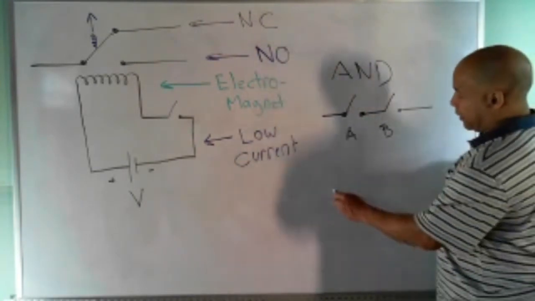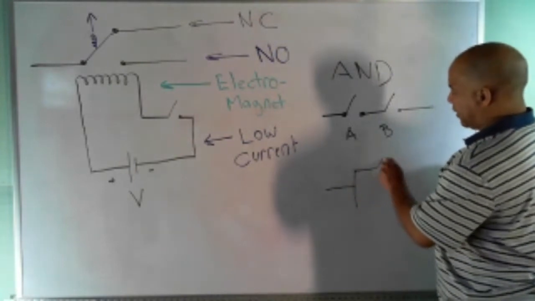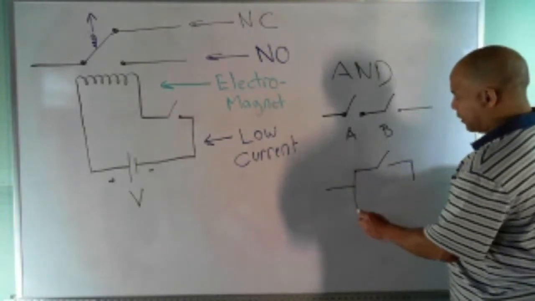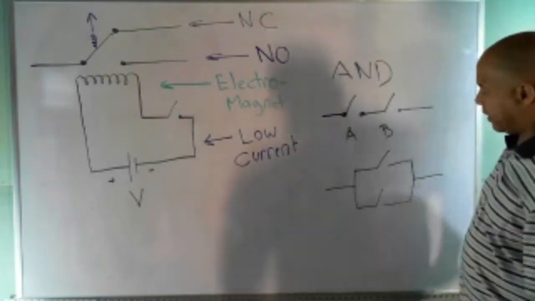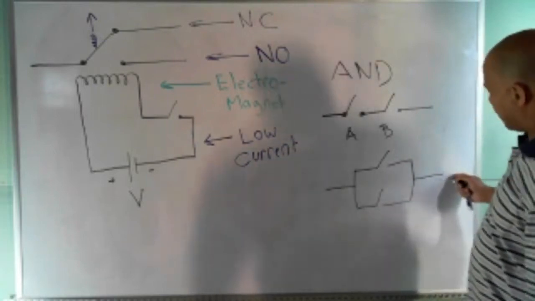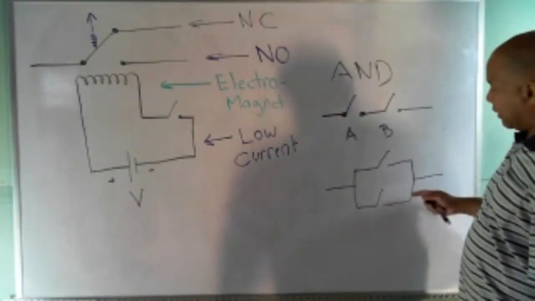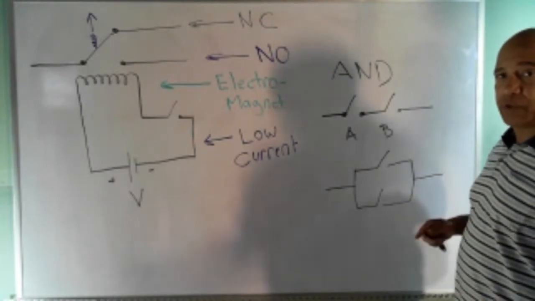We looked at that. The other thing we looked at was OR logic, basically the same two switches, but now they're hooked up in parallel, and it's easy to see that if I hook it up this way, again, if I have power coming in on the left, some device on the right, if this is switch A and this is switch B, I can close either switch, or I can close both switches.